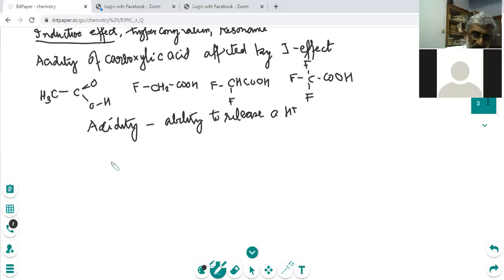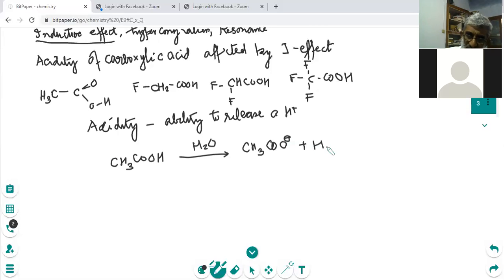That is your acid. For example, this is the acid. It should react with water and give the conjugate base and H3O plus.